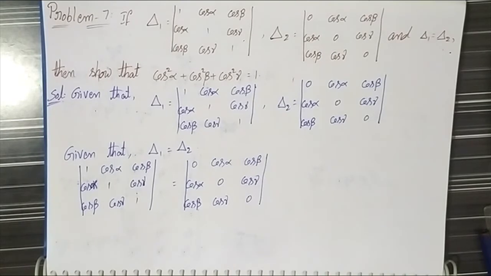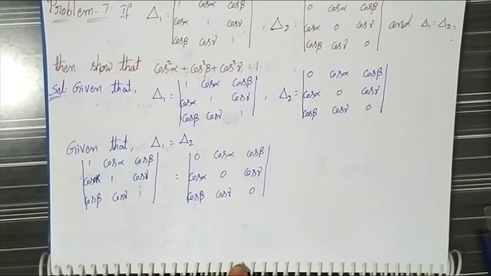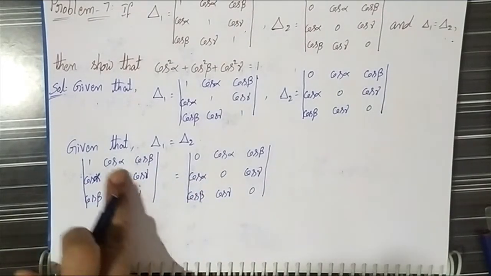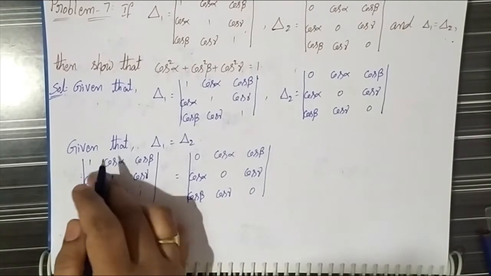This is the determinant value. Here we can directly expand the determinant. First we expand the LHS determinant by using the first row.